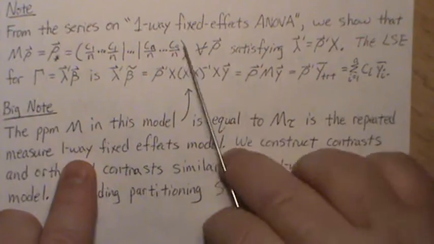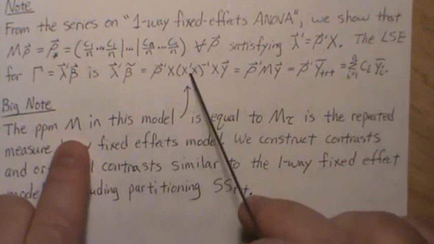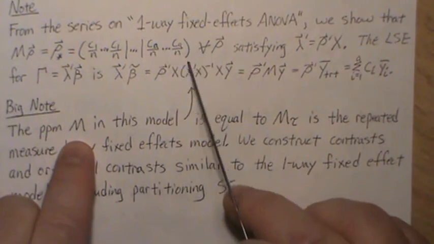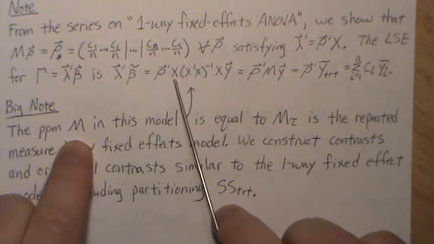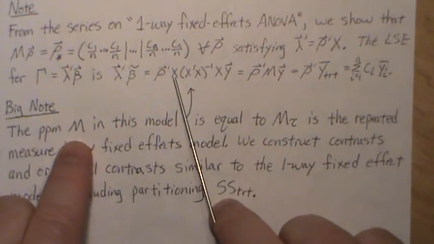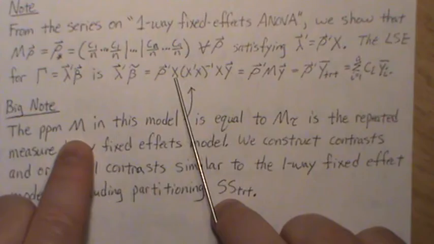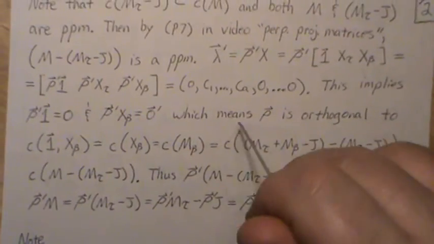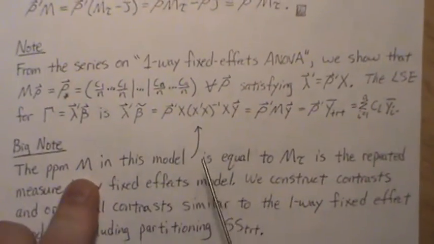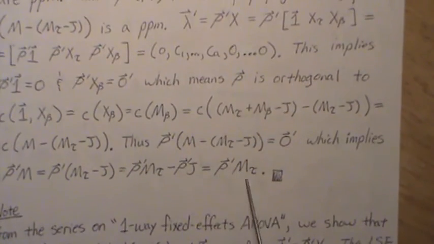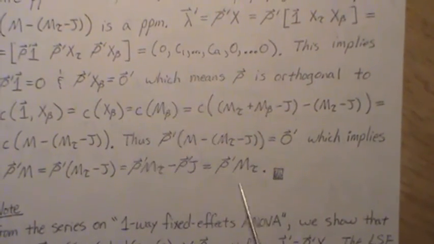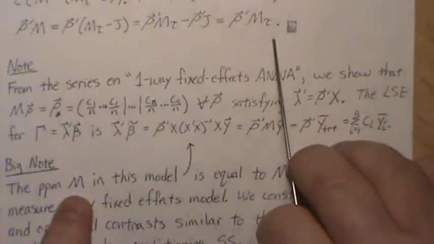Okay, so this was a reminder. Now the M in this vector, so this is M, but this X actually is equal to X_τ in this video that we're doing here, right? And we said rho M has to be rho X_τ, and this is the column space of X_τ.